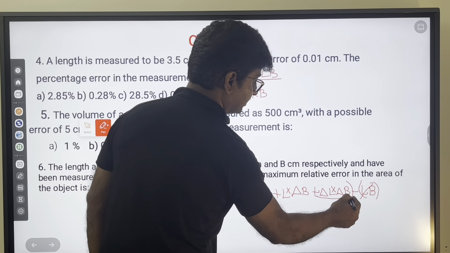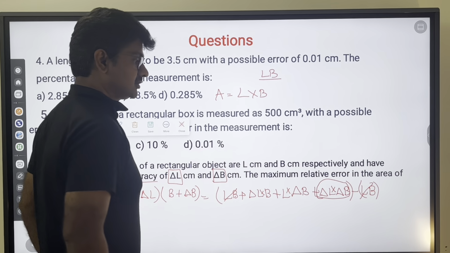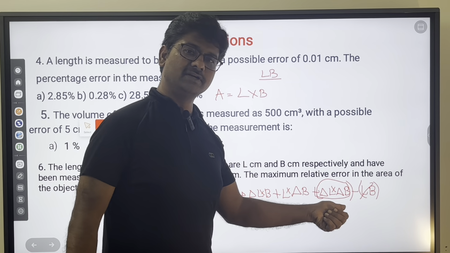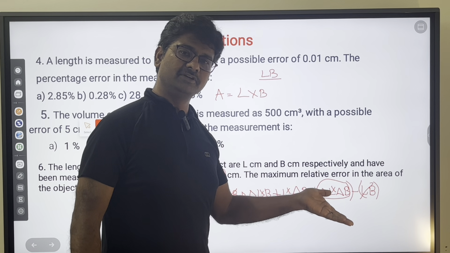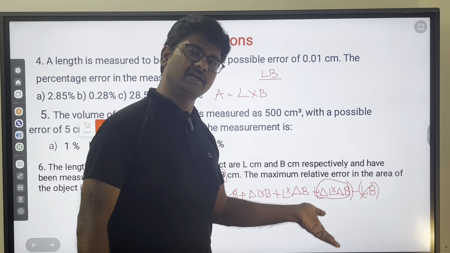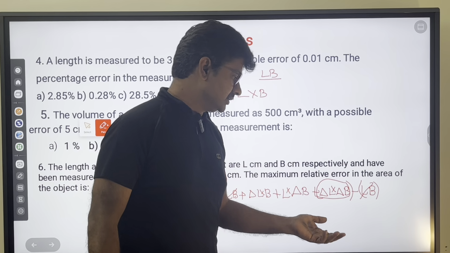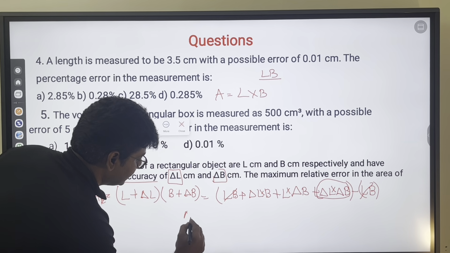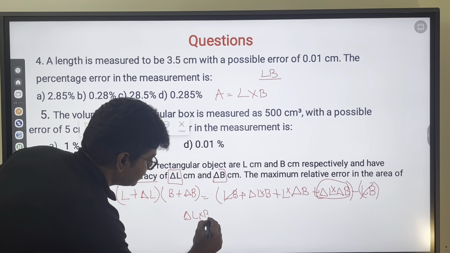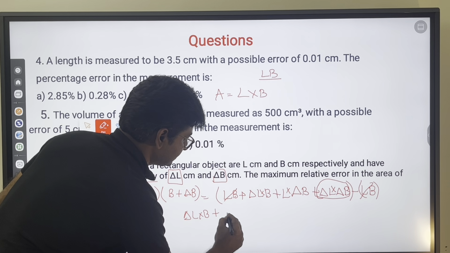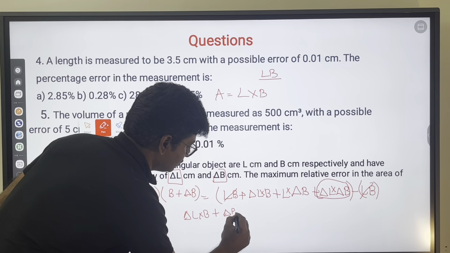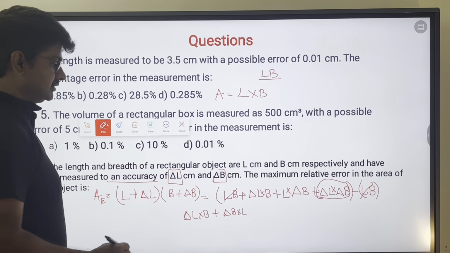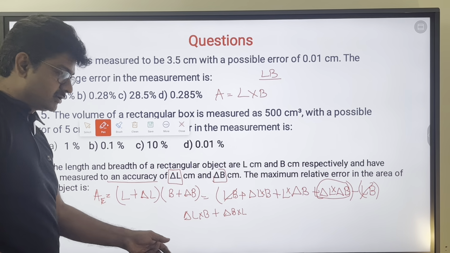Delta L and delta B themselves are very, very small values, so delta L into delta B will be very, very small. Obviously you can neglect that. What you are left with is delta L into B plus delta B into L. So this is the maximum error.